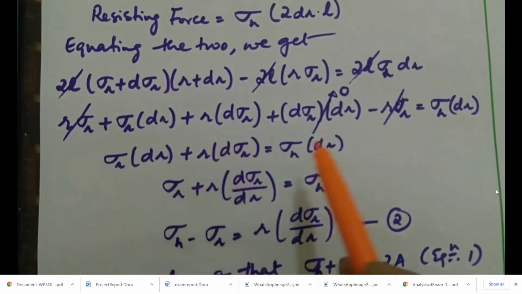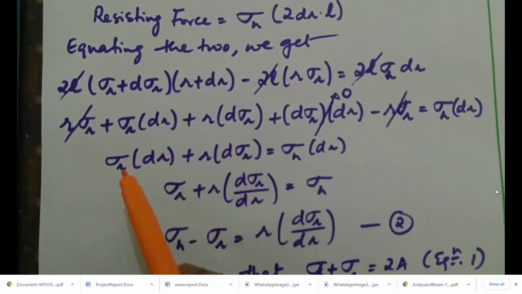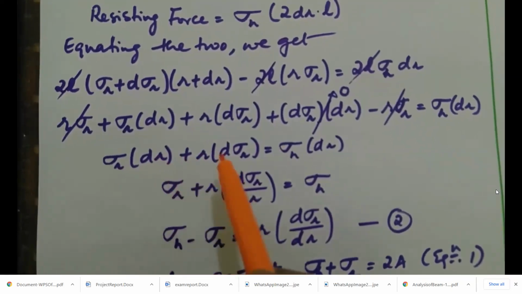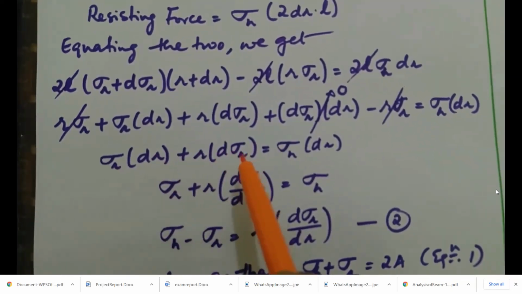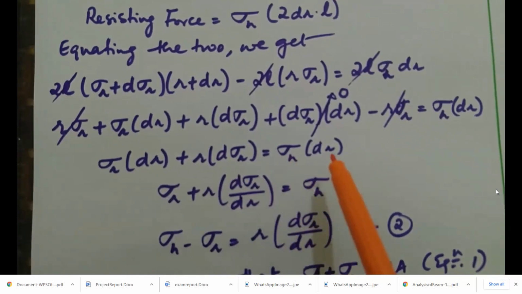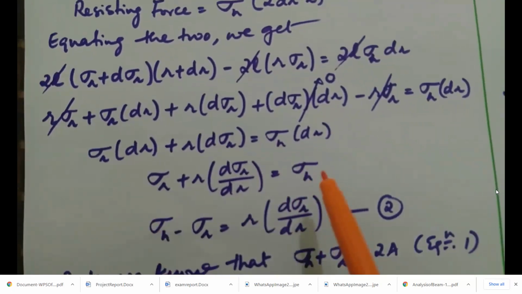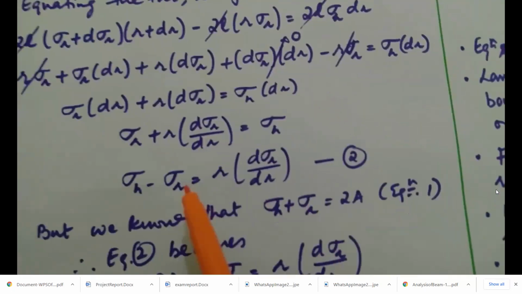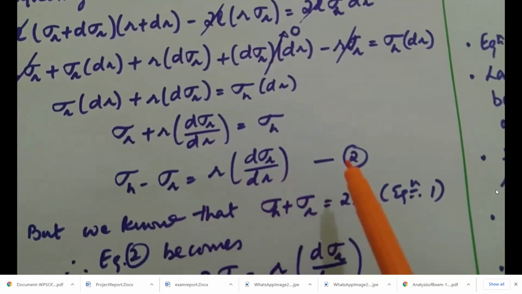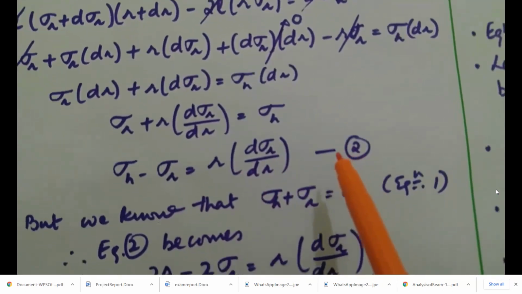After this you divide the entire equation by dr. So sigma r dr by dr, and r d sigma r by dr, sigma h into dr by dr, and then you get this equation. Rearranging terms, we write this and call it equation number 2.